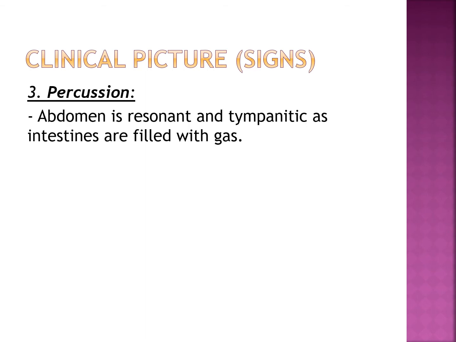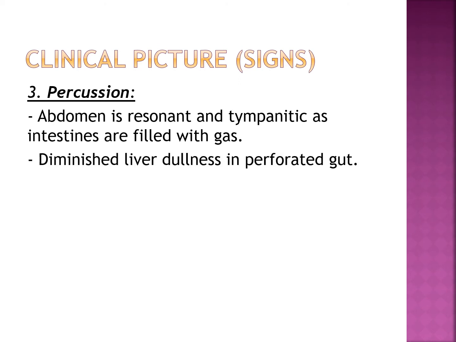Then we go to percussion. The abdomen is resonant and tympanic because the intestine is filled with gas and fluid. There is diminished liver dullness in cases of perforated gut because of the presence of air under the diaphragm, above the liver.